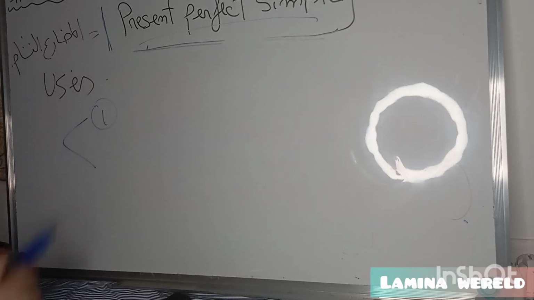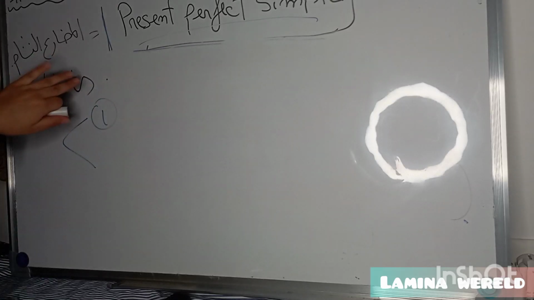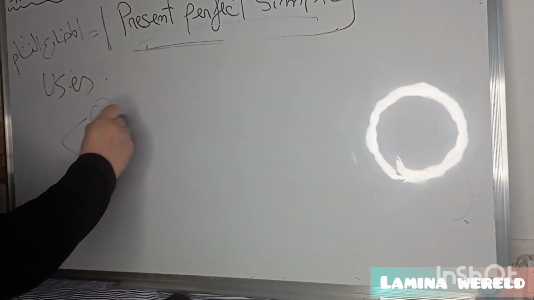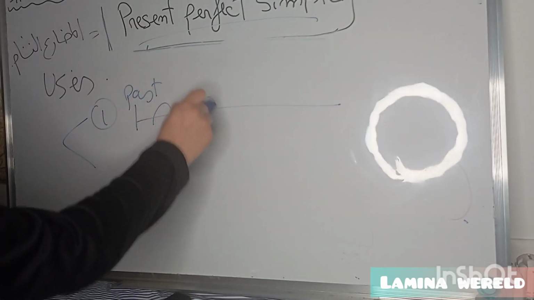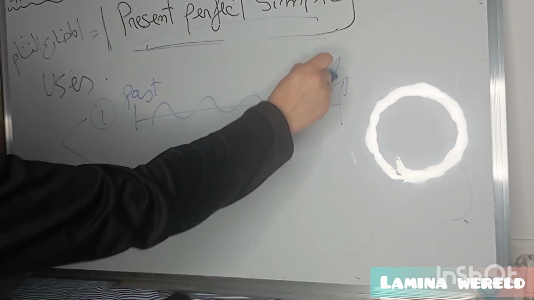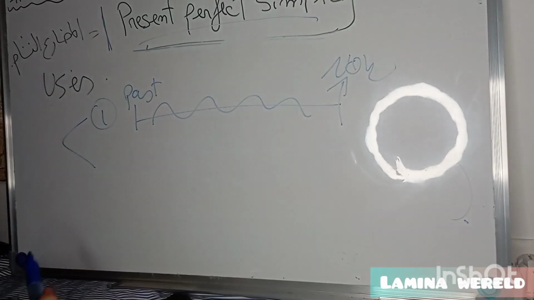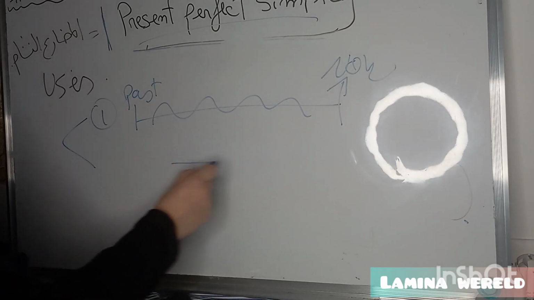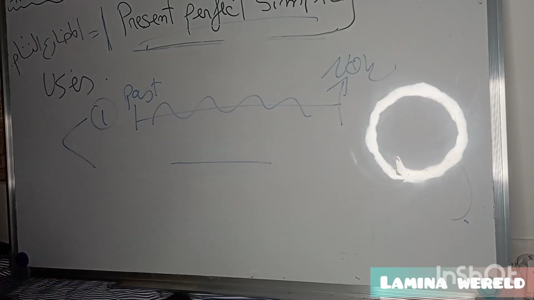The first use, something begun in the past and still the case now, which is present. Second one, a recent action, okay? Something that you have done maybe five minutes ago, in the morning, or in the afternoon, or I don't know, something that just happened maybe, okay?